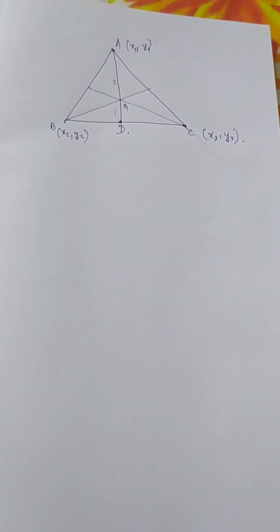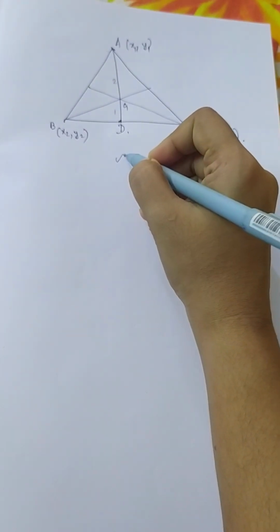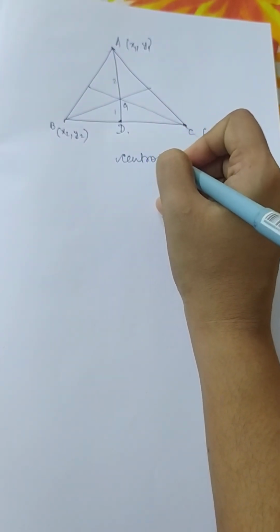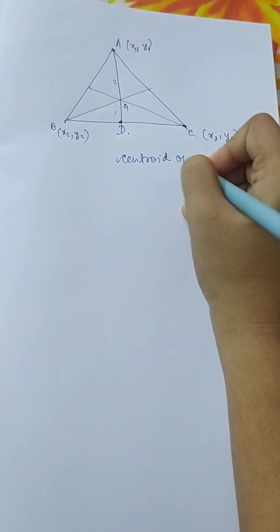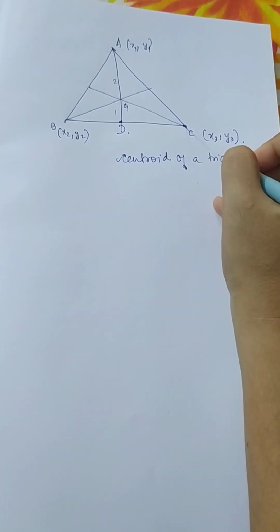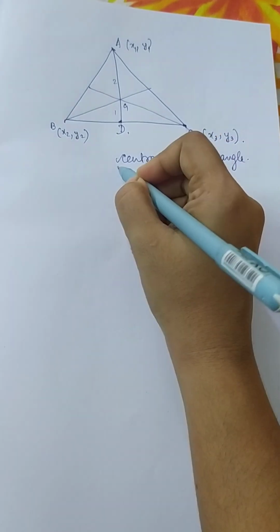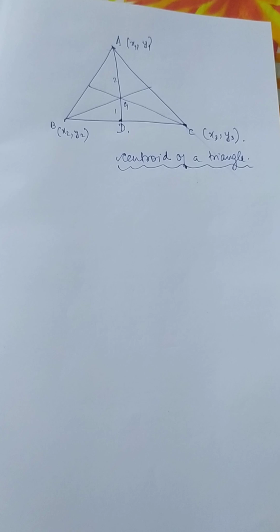Okay. Now, a very important part of this chapter is to find out the centroid of a triangle. How to find out the coordinate of the centroid of the triangle? What is centroid?